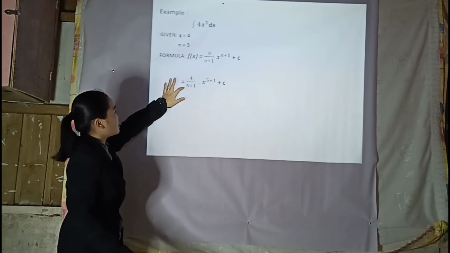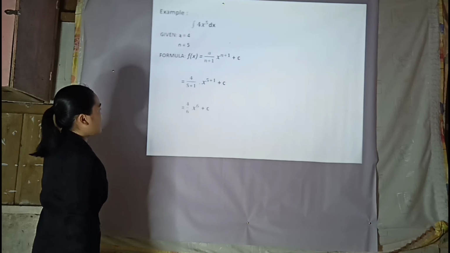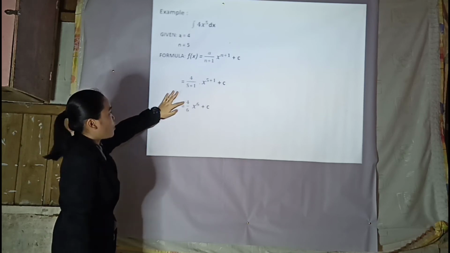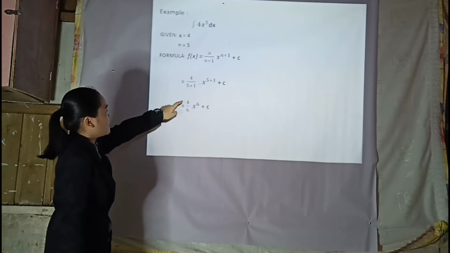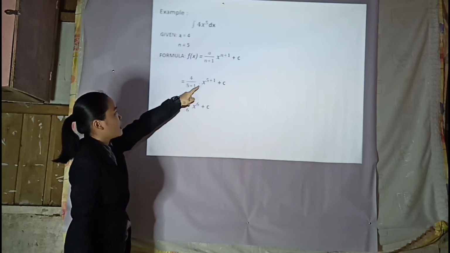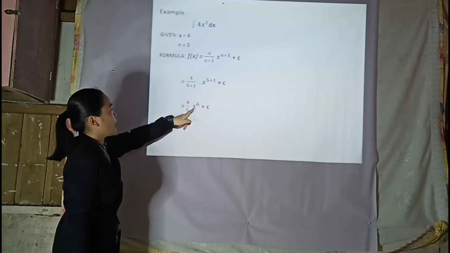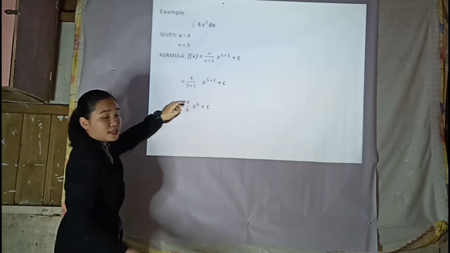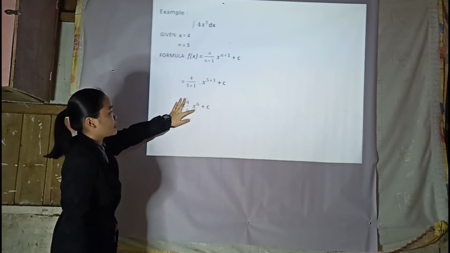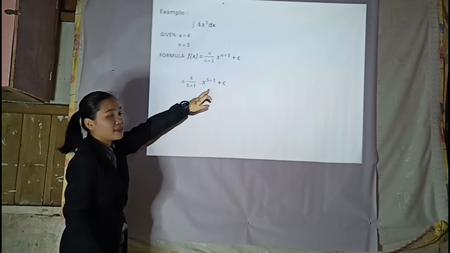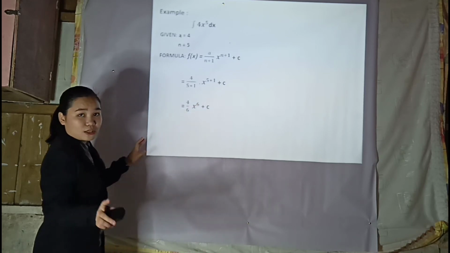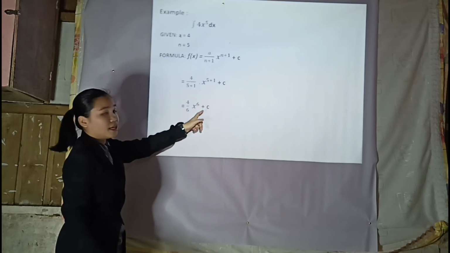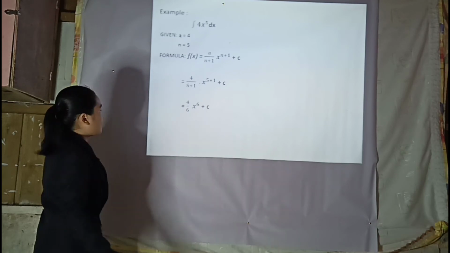So we will simplify this answer. It will become 4 over 5 plus 1, which is 6, times x raised to the power of 6, since 5 plus 1 is equal to 6. And then copy the plus c. So don't forget to put the c here, our constant.